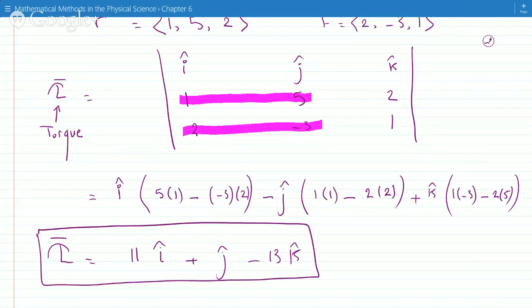So this here is our desired torque. Was there a symbol for unit vector? The i, j, k. And so this is the torque.